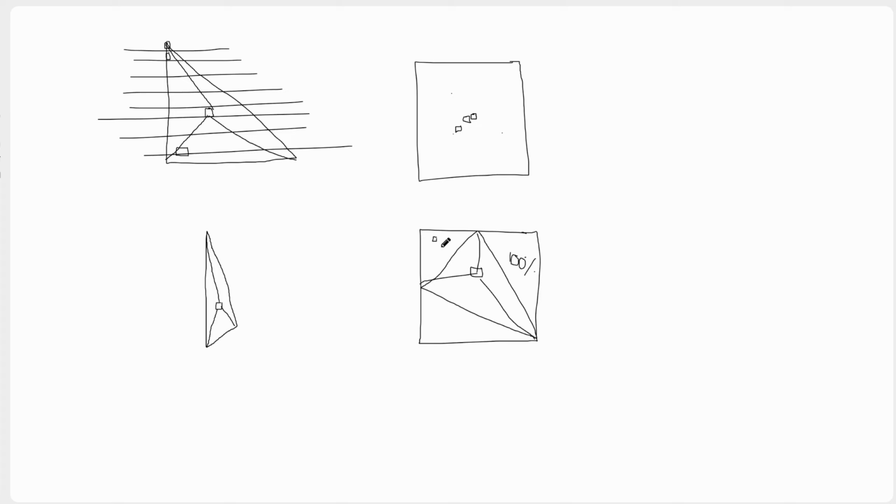But if a pixel is outside the triangle, it will not add up to 100%. So this is why we can determine if a pixel is in or outside the triangle. And if the pixel is outside of the triangle, we won't run this code. We will only run that code if it is inside the triangle.